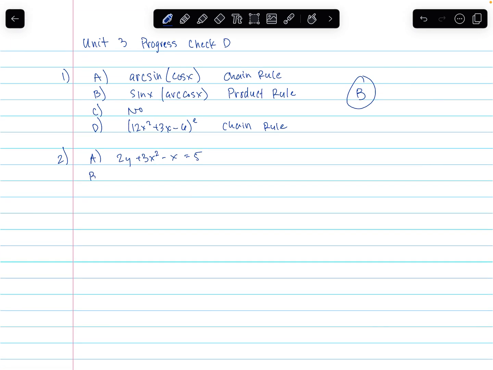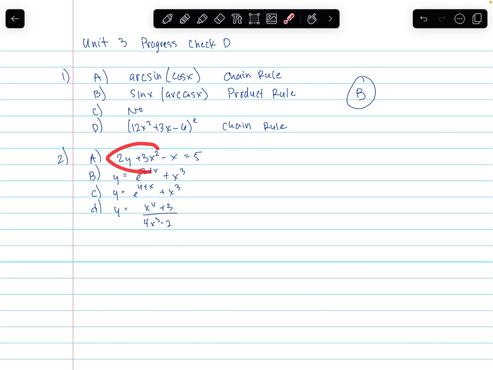For B, y is equal to e to the 3 plus x, plus x to the third. For C, y is equal to e to the y plus x to the third. And D, y is equal to x to the fourth plus 3 over 4x to the third minus 2. So which is going to require implicit differentiation?